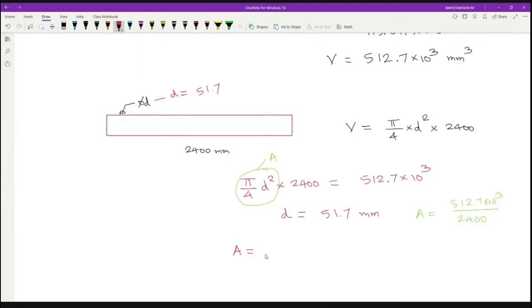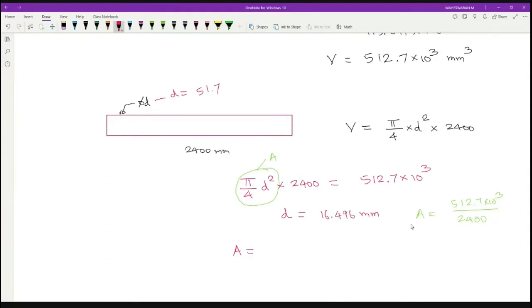Can you tell me what cross section area we get? 16.496. Okay.